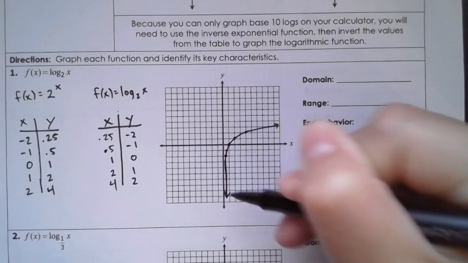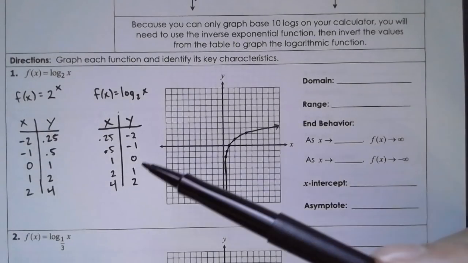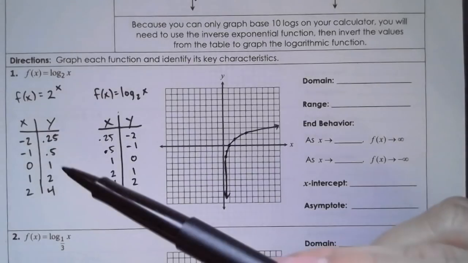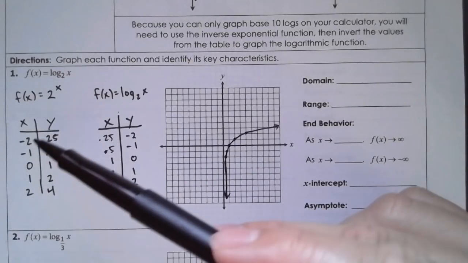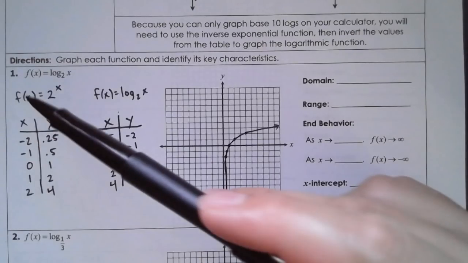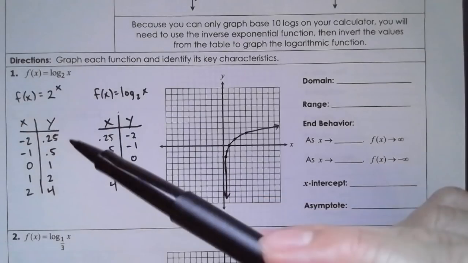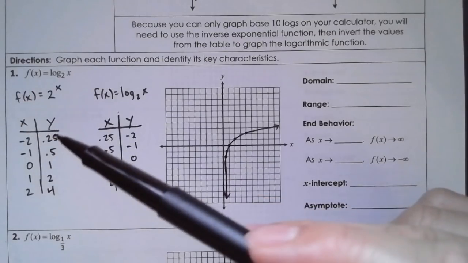Now, if you look at our first table here, if you kept plugging in x values that kept getting smaller into the negative side, so -3, -4, -5, and so on, you're going to keep getting a smaller and smaller y. It's never going to cross 0. It's going to keep getting closer and closer to 0.